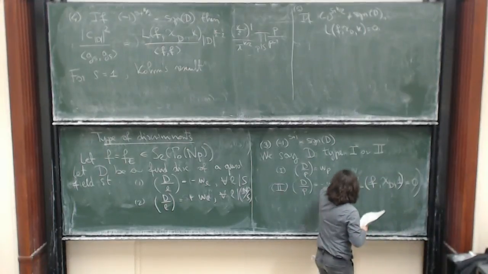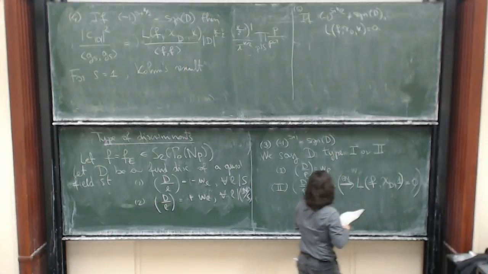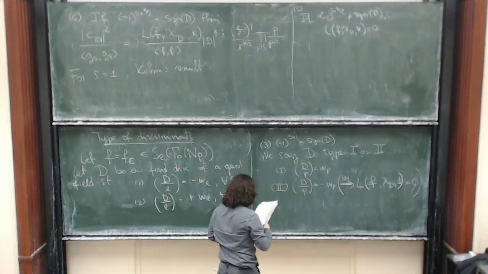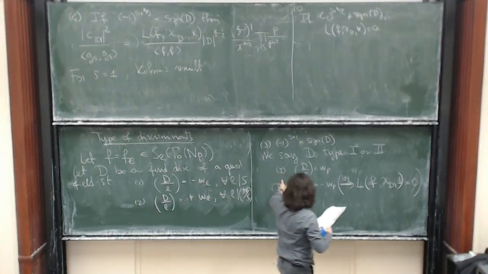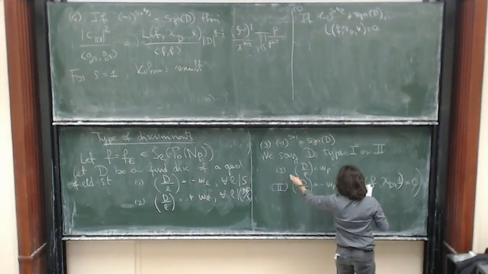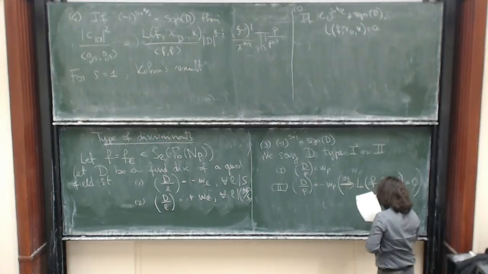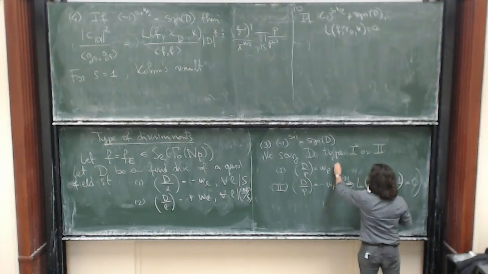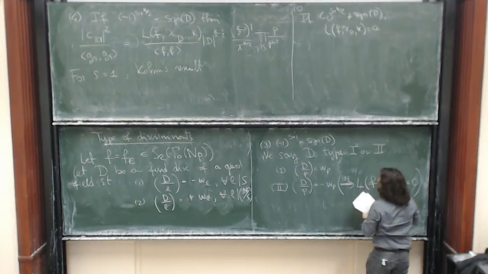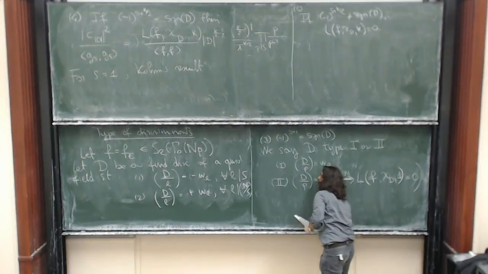This is the Baruch-Mao theorem, which says that the special value is 0. And on the other hand, if instead we have a discriminant of type 1, we know from non-vanishing results, so maybe I will write this on another blackboard.